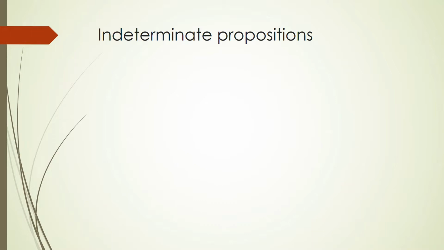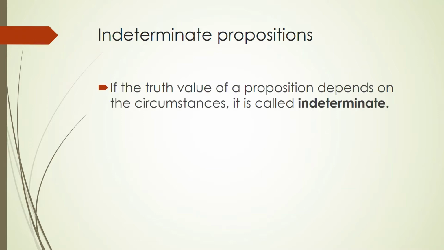Sometimes we might have a proposition that is neither true nor false because it depends on the circumstances. So sometimes it will be true and sometimes it will be false. These are called indeterminate propositions. So if the truth value of a proposition depends on the circumstances, it is called an indeterminate proposition.